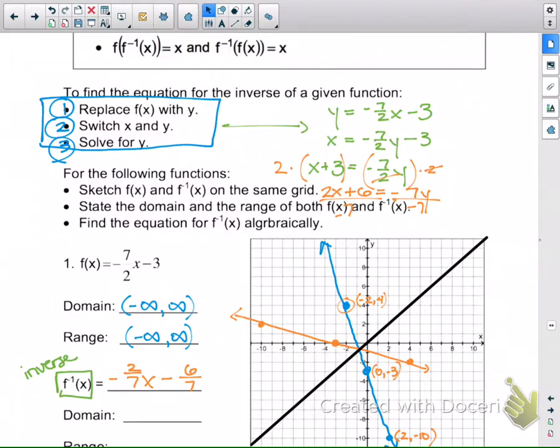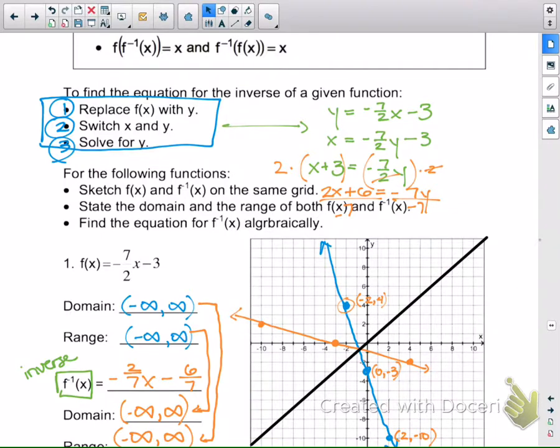Now in this case it doesn't matter because they're the same, right? But it will help you in the future if you remember from your original equation, your domain becomes your inverse's range, and your range becomes your inverse's domain. It switches. This one, like I said, it doesn't matter, but the next one we talk about it will.